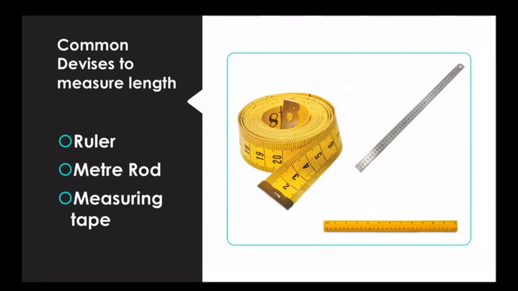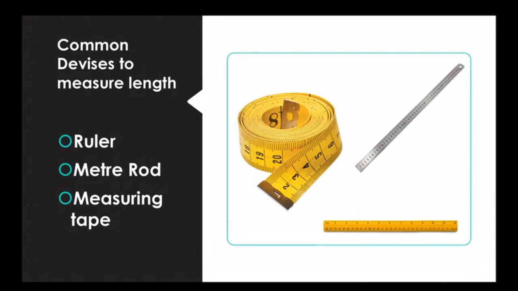Then we have the meter rod. The meter rod has one standard length, that is 1 meter. It is used by shopkeepers to measure the length of cloth, or by a tailor.